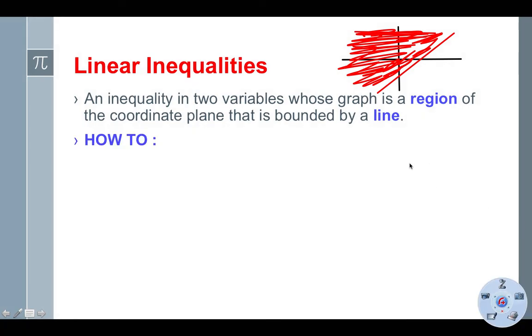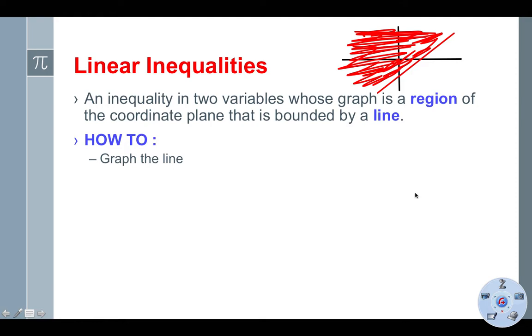So let's go through the how-to. And this goes for absolute value inequalities as well, not just linear. It goes for all types of inequalities, actually. First, we're going to graph the line, whether it be a straight line when it's linear or a V-shaped line like an absolute value.